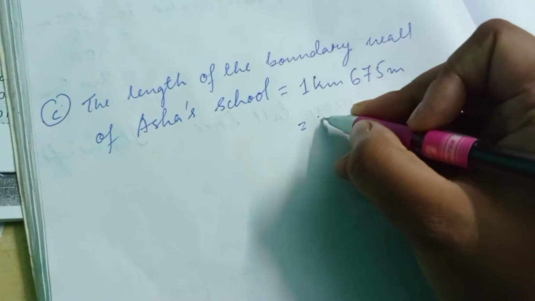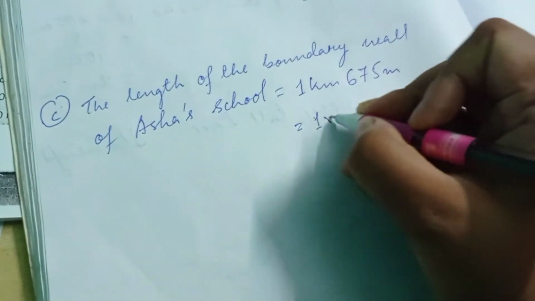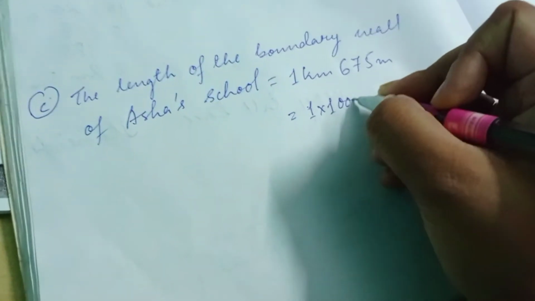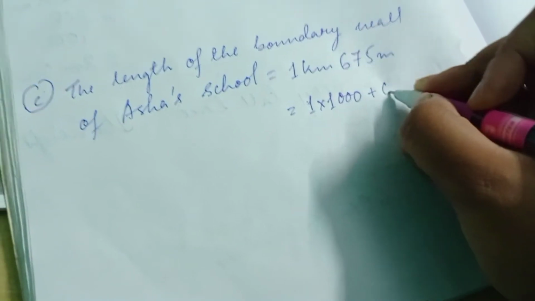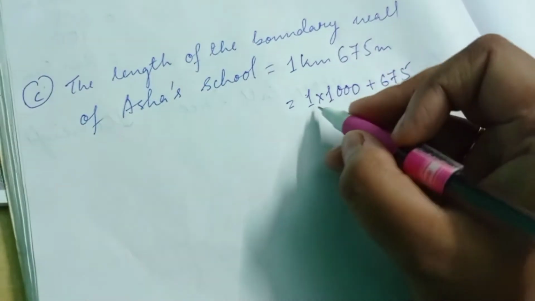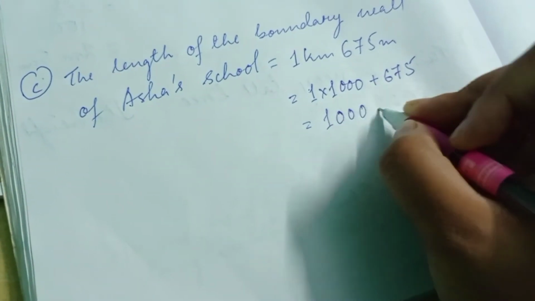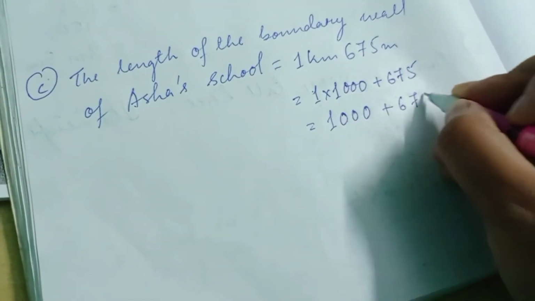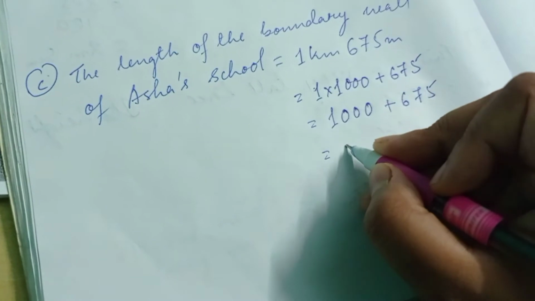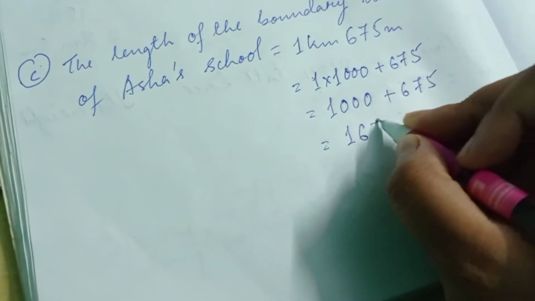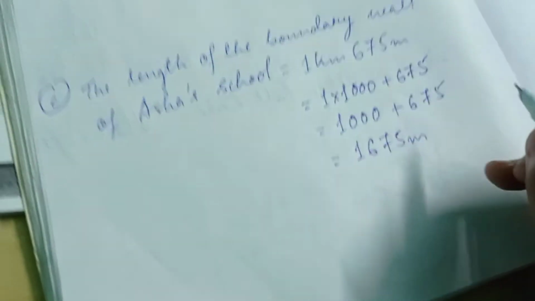So 1 into 1000, but I am showing you the process, what is actually happening. Then 675 meter. So it will be 1000 plus 675 equal to 1675 meter. So this way you can do it.